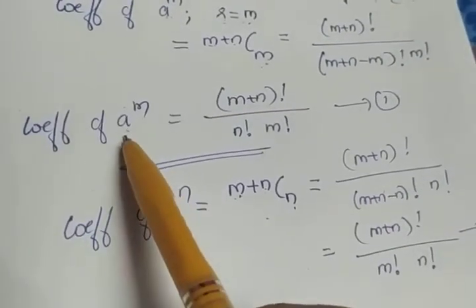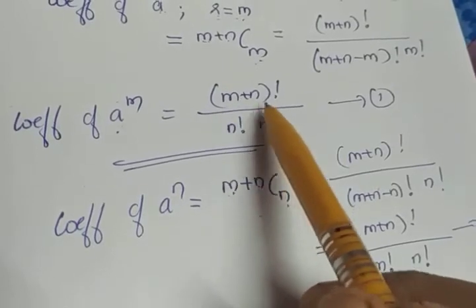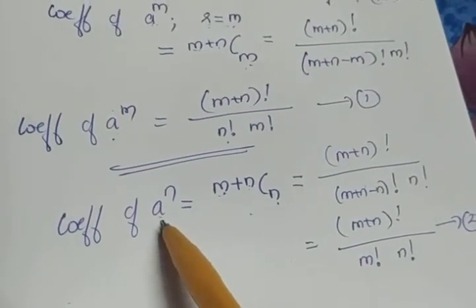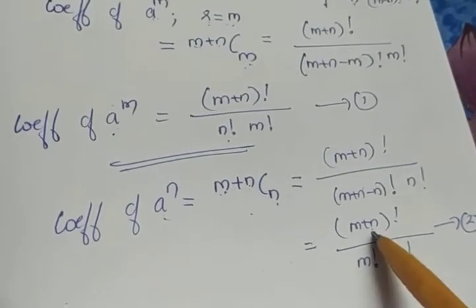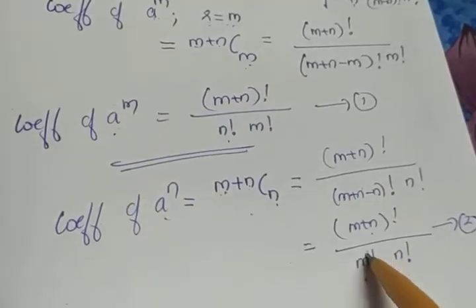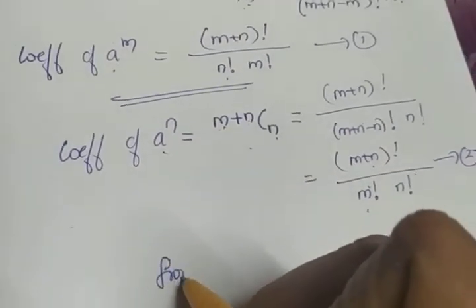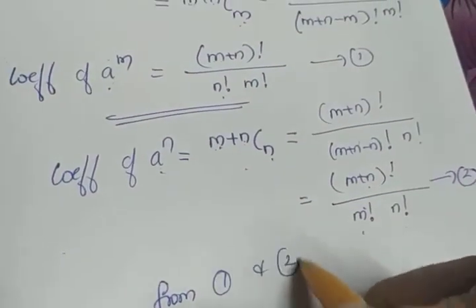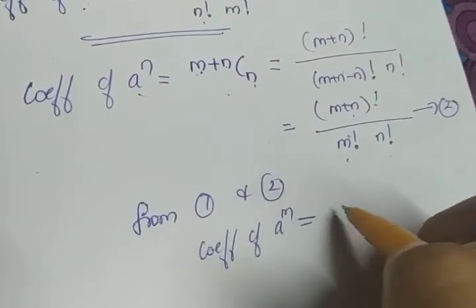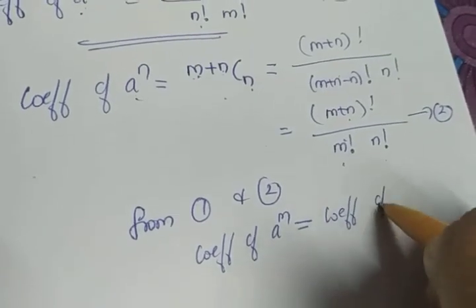We got the coefficient of a^m as (m+n) factorial by n factorial into m factorial, and the coefficient of a^n as (m+n) factorial by m factorial into n factorial. Both are the same, isn't it? So what we can conclude from 1 and 2 is that the coefficient of a^m is equal to the coefficient of a^n.